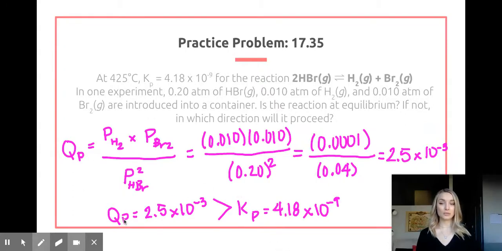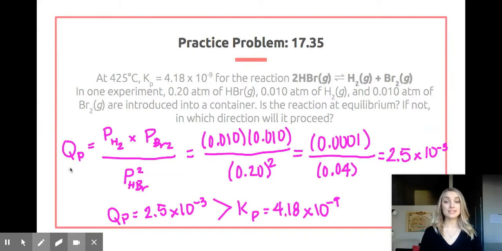When QP is larger than KP, what direction will the reaction proceed? It will go to the left. Remember, in this instance, this indicates that we currently have more products than we will have at equilibrium. So we need to see some of the reverse reaction to convert those products that we have currently and turn them into our initial reactants. And there you have it.